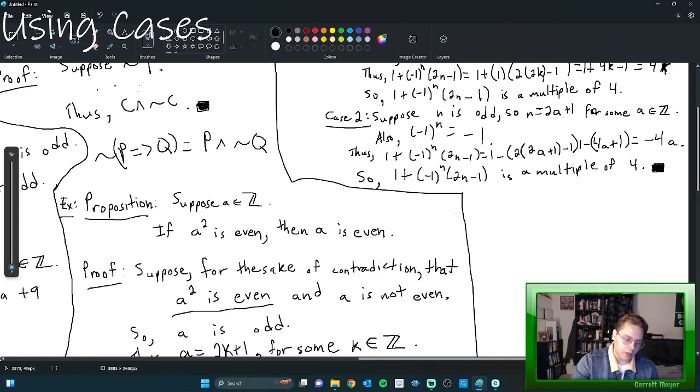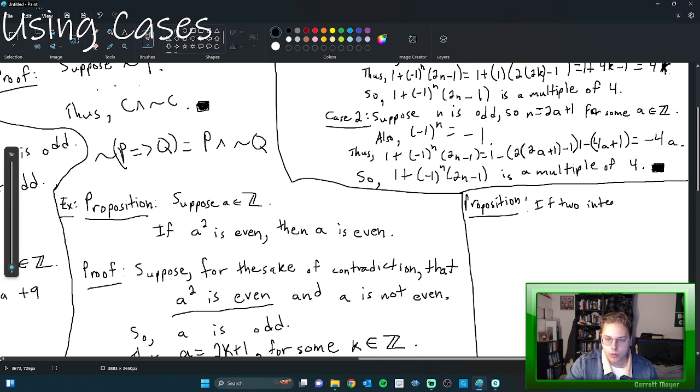For an example of this, let's look at the idea that if two integers have opposite parity, so one is even and the other is odd, or the other way around, then their sum is odd.